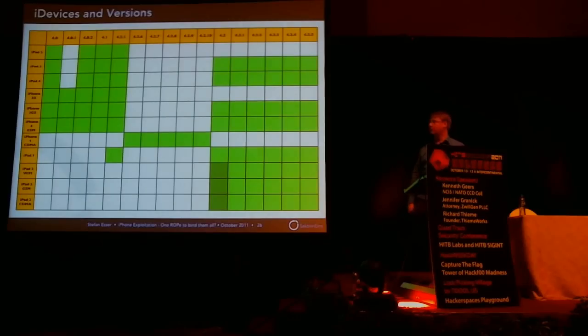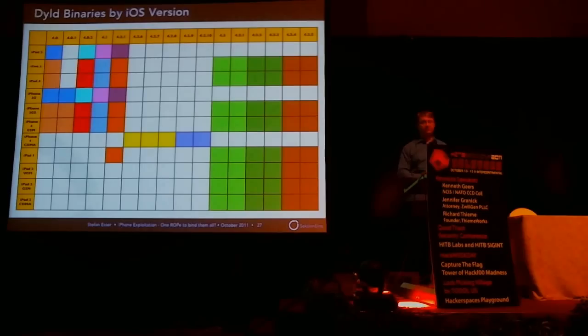So you remember this picture. These were all the firmware versions that are available for the iPhone and the other iDevices. Now we want to know what dynamic linkers these firmwares are running. This is like the most colorful slide I ever had in any presentation.